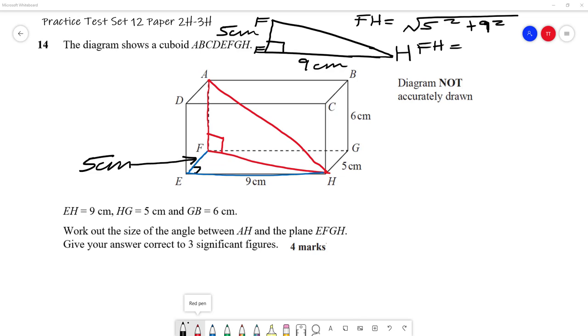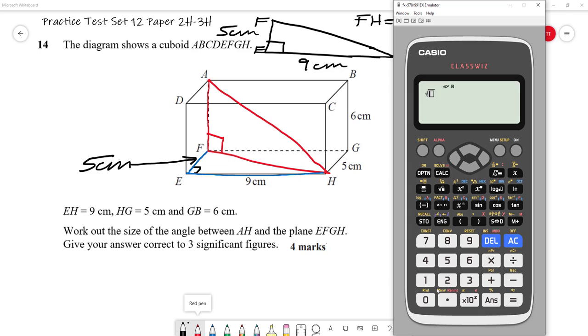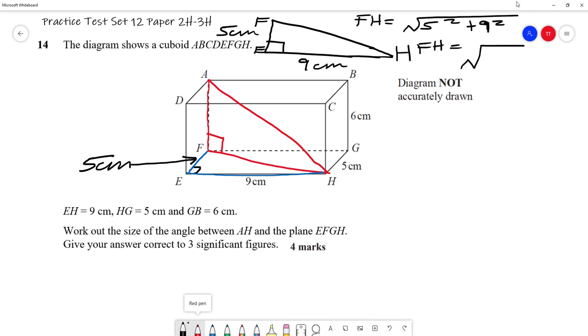Get my calculator out. So it's the square root of 5 squared plus 9 squared. That gives me root 106. So leave it as a surd, so that way you're preserving the accuracy of the answer.